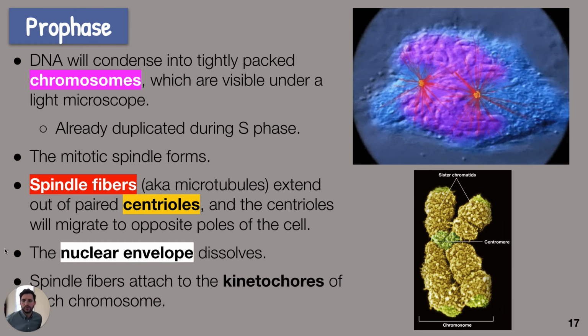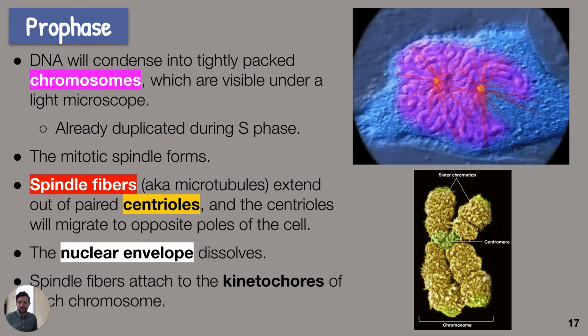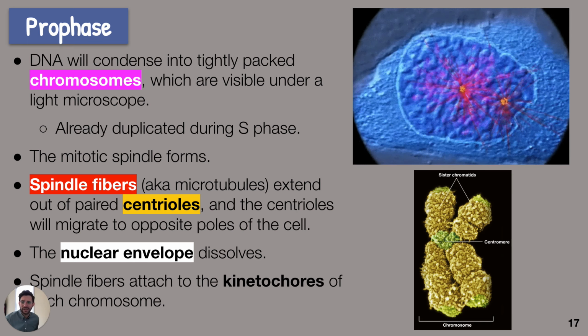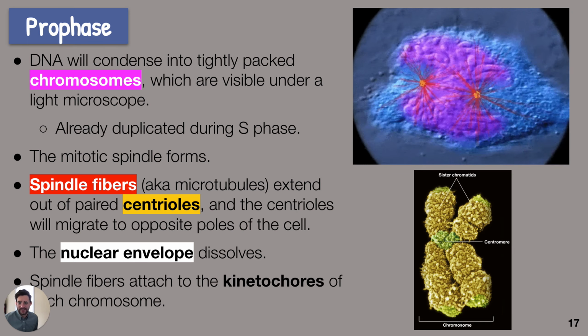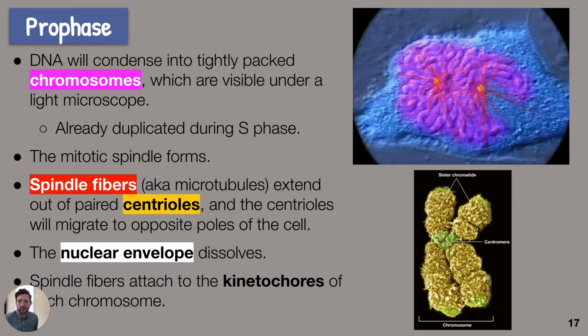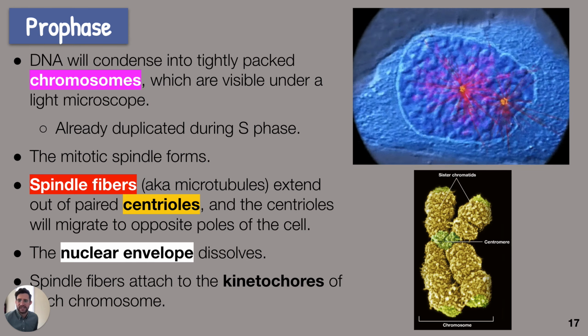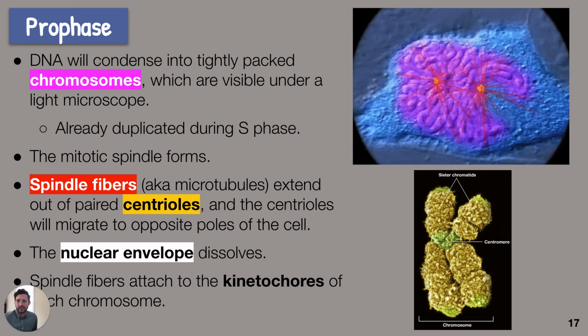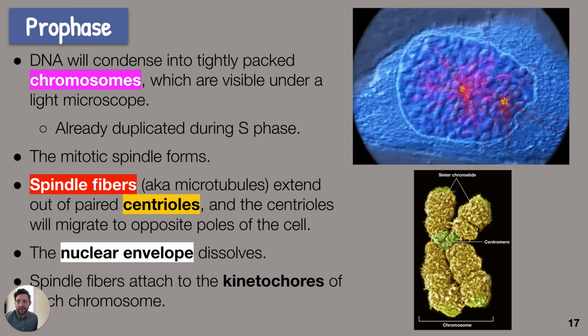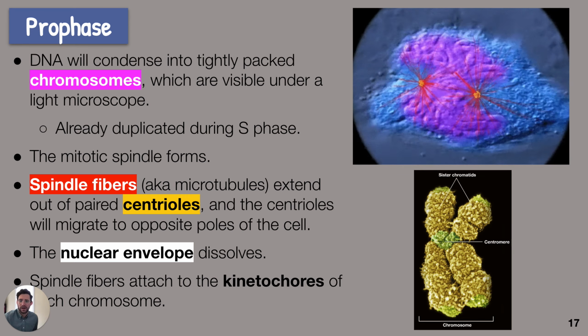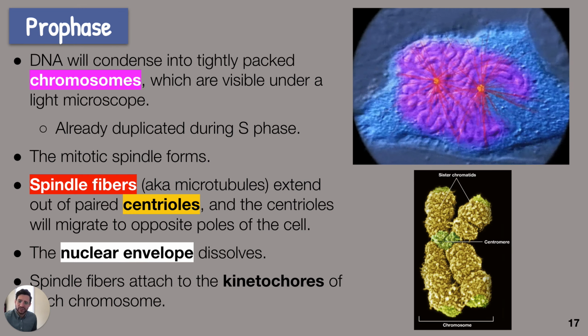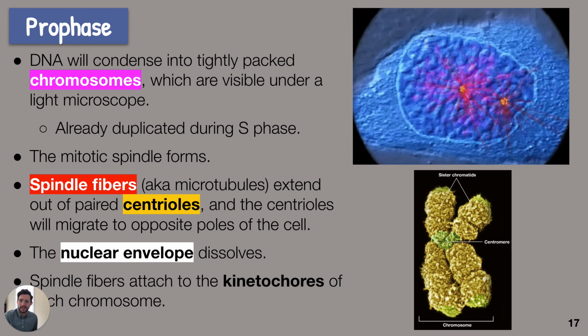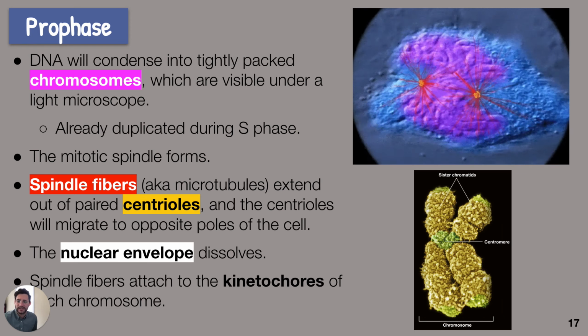During prophase, the first phase of mitosis, many things happen. First, the chromatin, which is the loose complex of DNA, needs to condense. The DNA, remember, is carrying genetic information in the form of a code that eventually gets converted into RNA and then translated into protein.